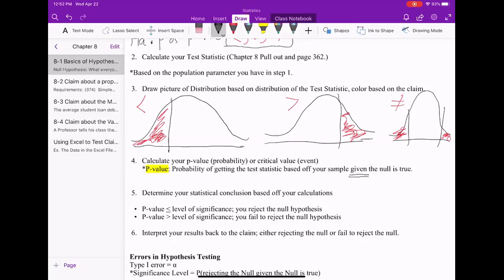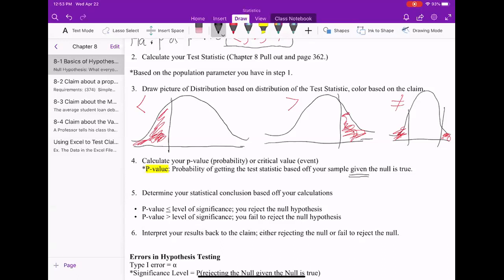So that's what a p-value is. Step 5 is determining your conclusion, right? Your statistical conclusion based off your calculations. Now, I like the p-value method because the p-value method is one rule, well, two statements, but one rule, and it works every single time. The only issue is to use this rule, you have to know your p-value.